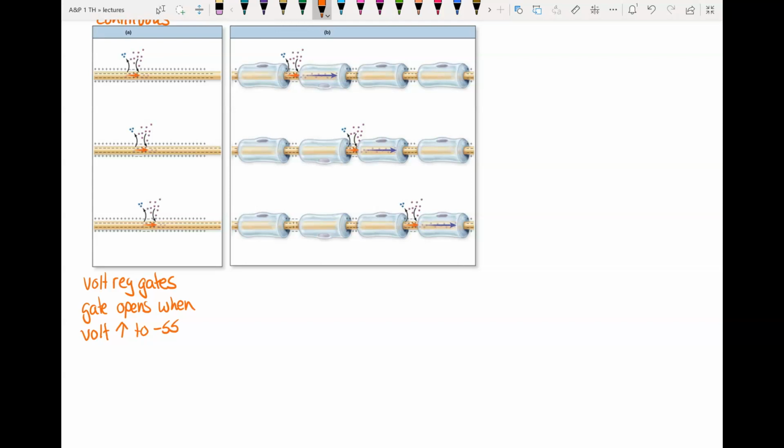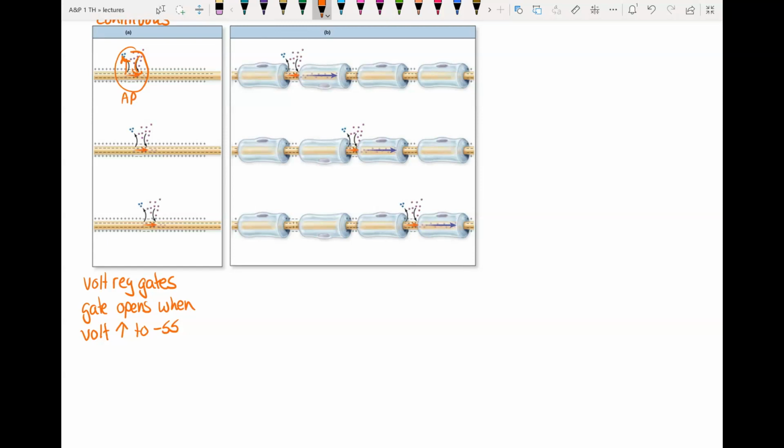In continuous conduction, you move down the entire axon, raising the voltage bit by bit. So right here, you can see the sodium going in, the potassium going out. We're having an action potential. When the sodium comes in, the voltage raises.